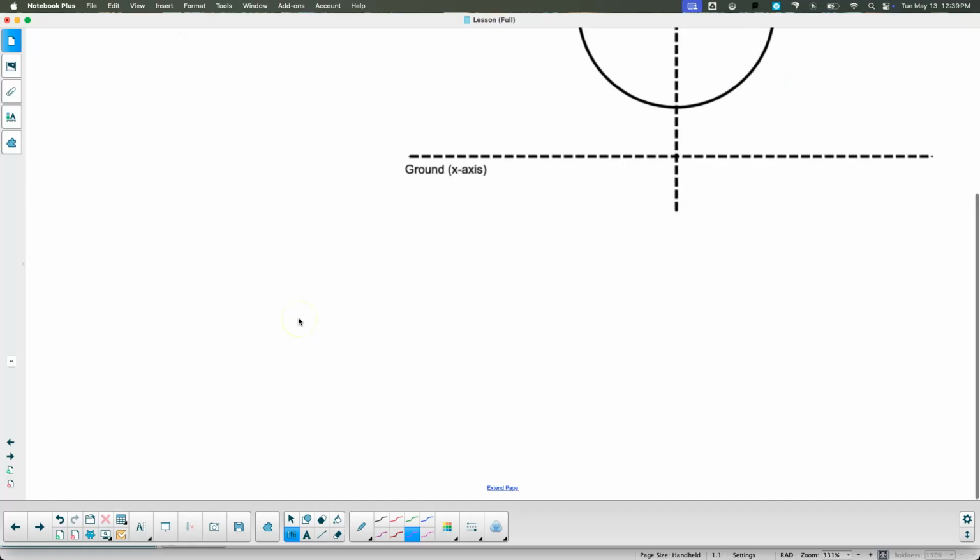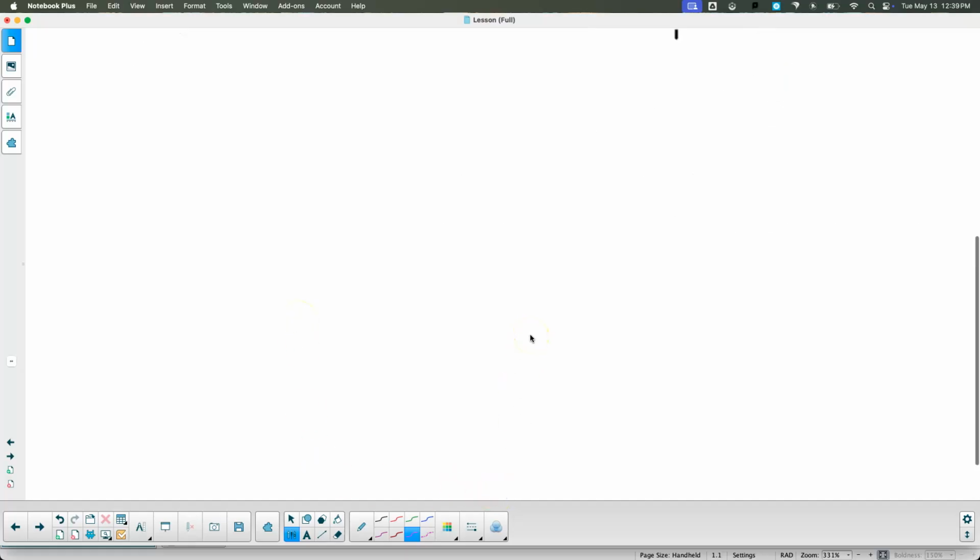Back in the day, meaning late first semester, we graphed sines and cosines and tangents and all of the trig functions. Remember that?